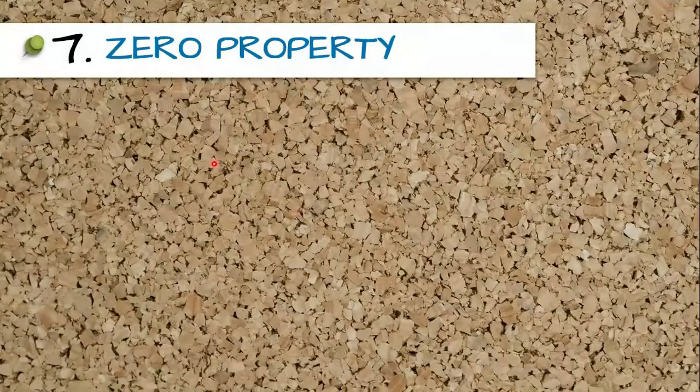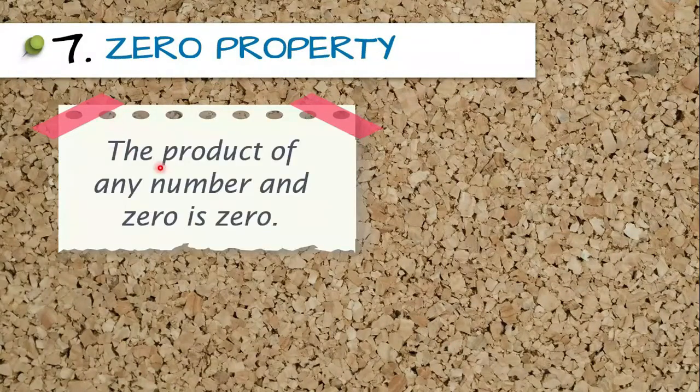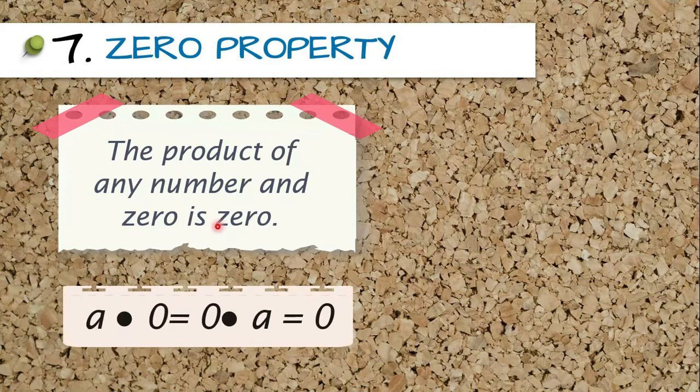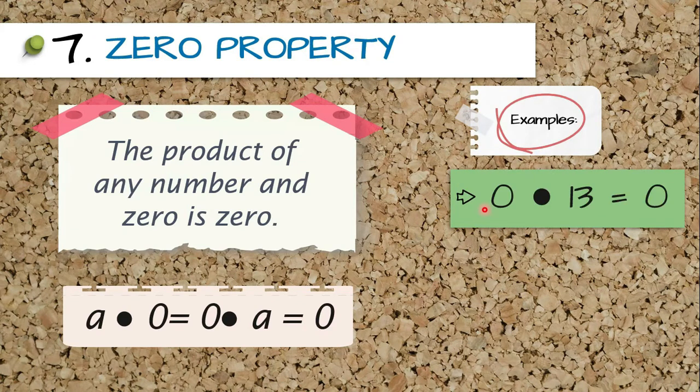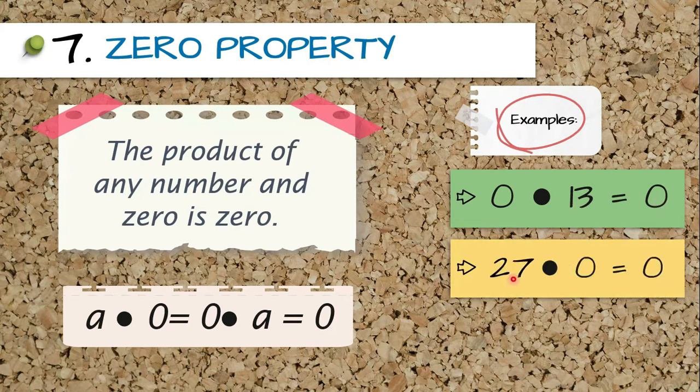Number 7, zero property. It states that the product of any number and 0 is 0. A times 0 is equal to 0 times a and is also equal to 0. For example, 0 times 13 is equal to 0. 27 times 0 is equal to 0.